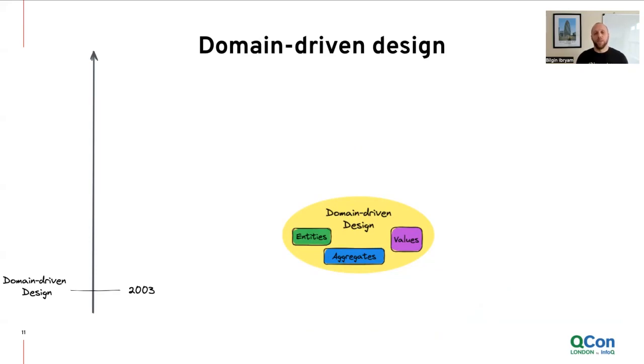In a nutshell, domain-driven design is a collection of principles and patterns that help developers encapsulate complex business logic and close the gap between the business reality and the code. While this book was written nearly a decade before microservices, it set the foundation and later became a cornerstone of microservices by helping developers break down a monolithic application into smaller, loosely coupled modules that represent different business domains represented by bounded contexts.